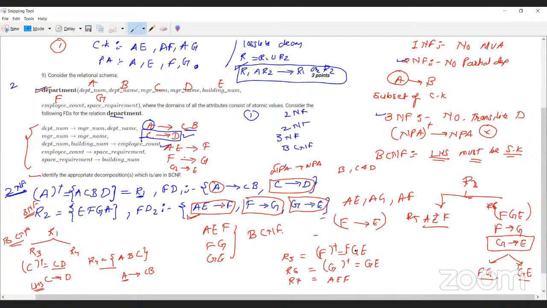But for this relation, if I consider the functional dependencies, G determines E will not be satisfied for R5 if I want to make it BCNF. So it will not satisfy my BCNF condition.